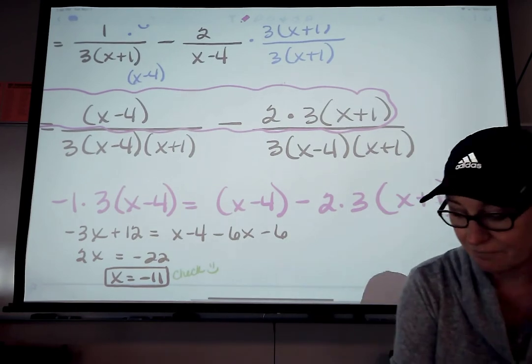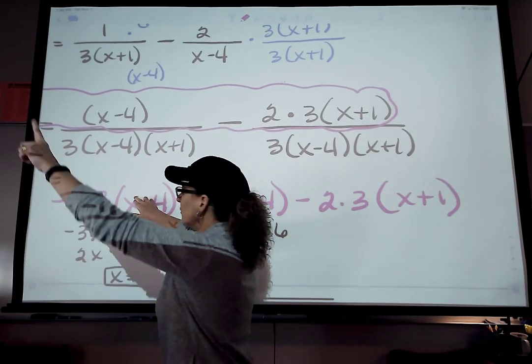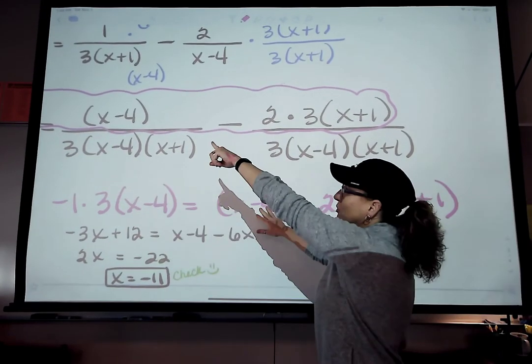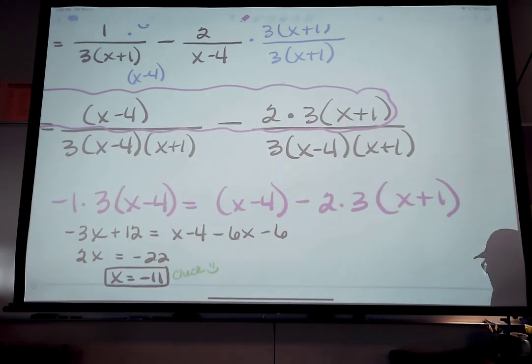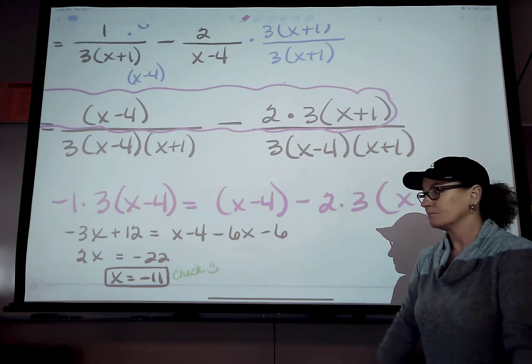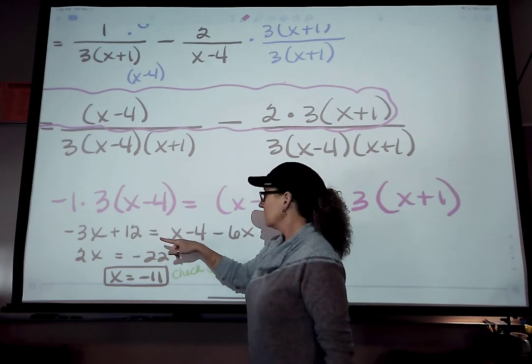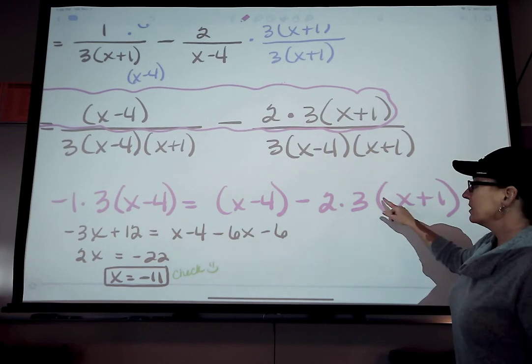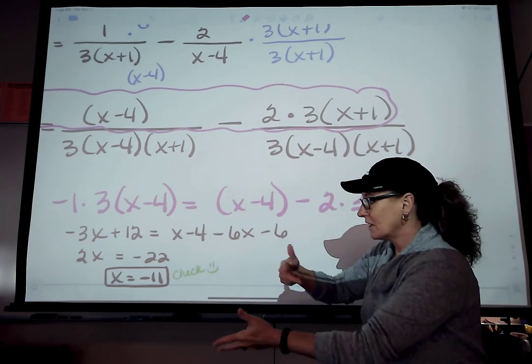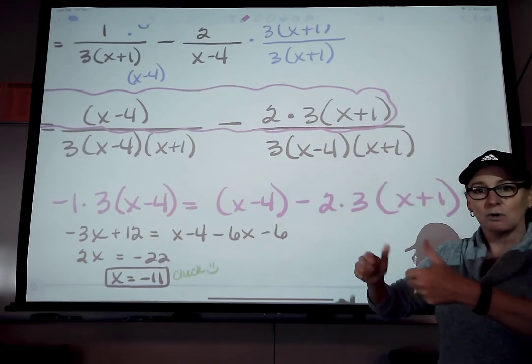And here's what you get. This was my numerator from the left equals this was my numerator in the first fraction, minus my numerator in the second fraction. Solve it. Distribute. That one doesn't even need parentheses. Distribute the negative 6. Get all your x's on one side, everything else on the other. X equals negative 11. Woohoo!